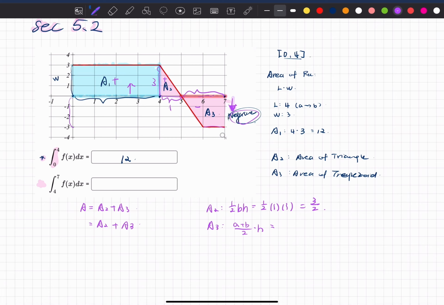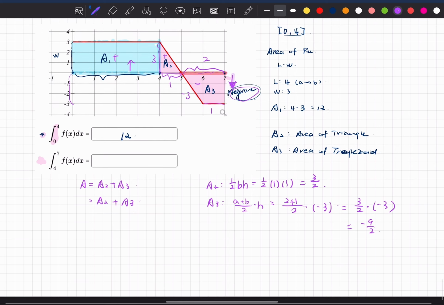From the graph, the base is 2 and the top part is 1, and the height is -3. So it's 2 plus 1 over 2 times -3, which is 3 over 2 times -3. Sorry about the little mistake. So it's -9 over 2.